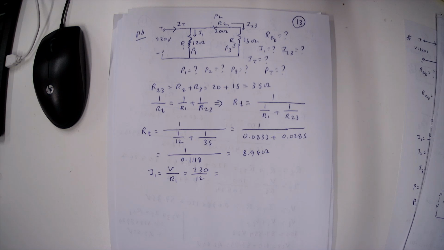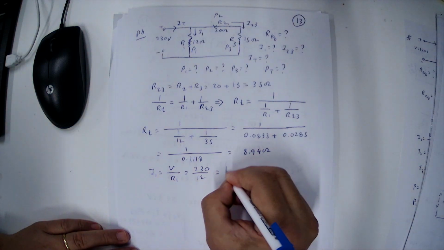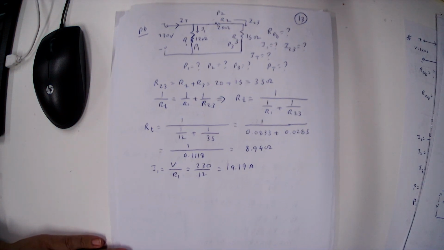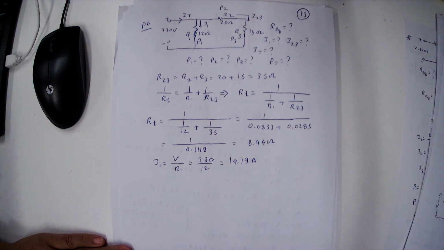So you get 19.17 ampere. I1 is 19.17 ampere.